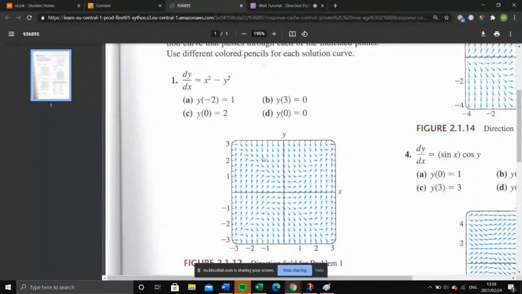Each of these arrows represents a point at which the differential equation was evaluated, and then they've put in a little arrow representing the slope, or the value of the derivative of the graph at this point. Is everyone clear on that? Does anybody have any questions? Anything not clear from the lectures so far? Okay, well, in that case, let us get started.